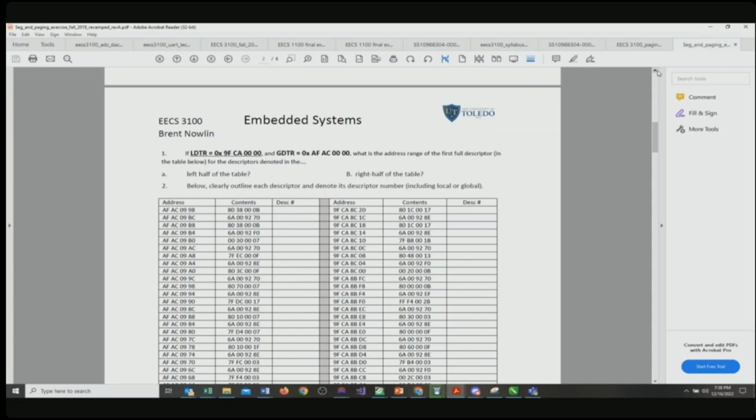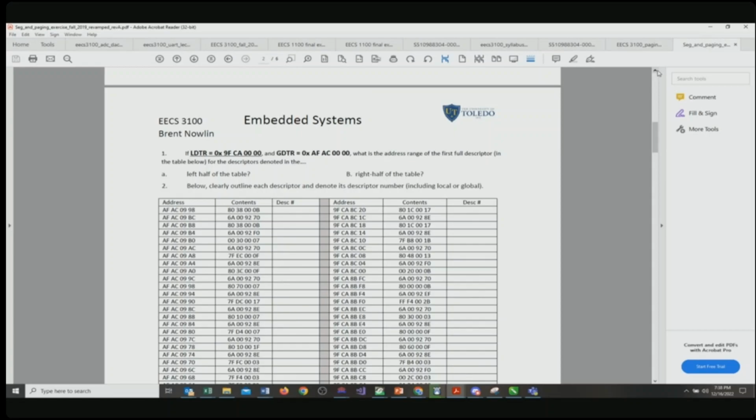So 8 is 1000, C is 1100, 1 is 0001, 7 is 0111.